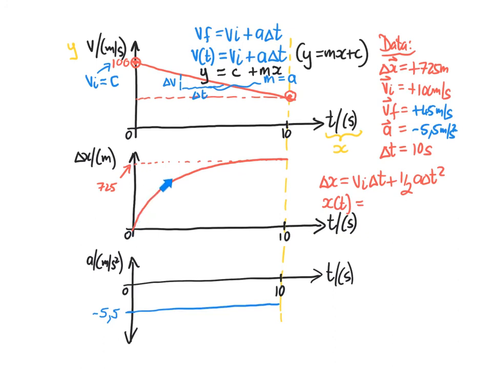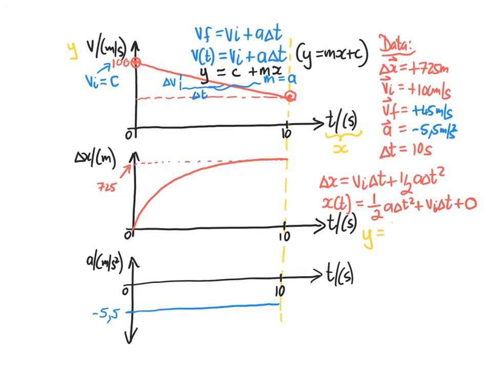As time moves along, so the change in position, the x value varies. And if we write the half a delta t squared term first, and then the v initial delta t, and then I write a 0 here.